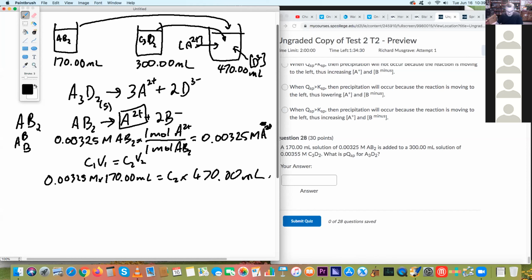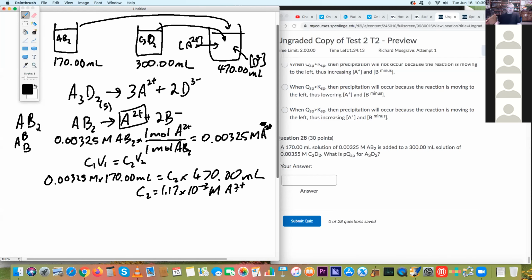For that, I get 1.17 times 10 to the negative 3 molar for C2. And that's A2 plus.